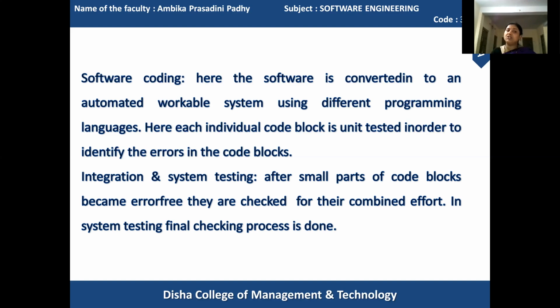Small parts of the code blocks become error free at the beginning, then they are checked for their combined effort here using the integration testing activity. Then in the system testing, the final checking of the processes is done, where alpha testing, beta testing, and acceptance testing will make it clear that whoever has developed the product has tested it, it's okay, and it can easily be implemented, it is going to solve the user's needs and satisfy the requirements of the customer.